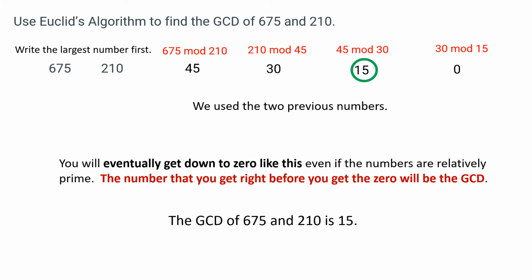So once we get to this point, I'm fine if you want to look up an online mod calculator, or I think even just straight into Google, you could type 675 mod 210 and you would get an answer. Or, if you have a scientific calculator, or some kind of graphing calculator, you could get those values.